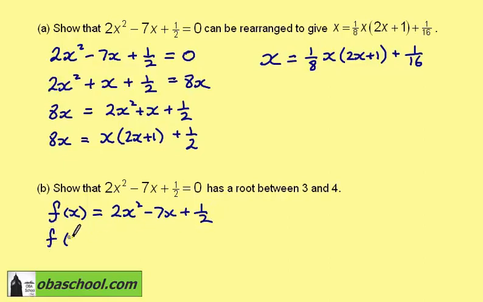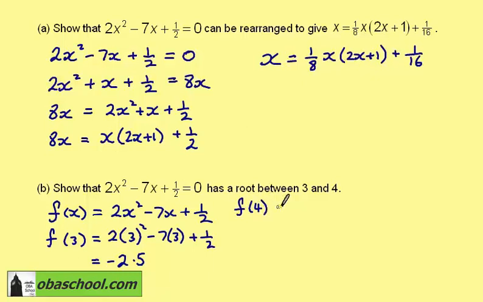We need to evaluate f of 3. This gives us 2 times 3 squared, take away 7 times 3, plus a half. This is 18, take away 21, which is minus 3, plus a half, so it's minus 2.5.